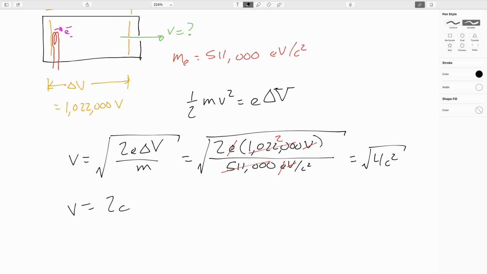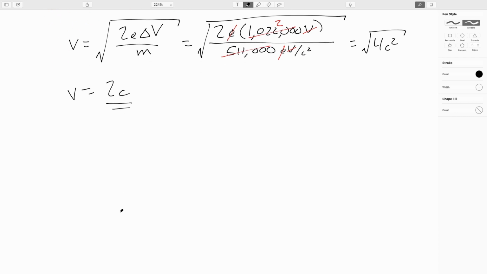This is a problem. There's absolutely nothing wrong with the calculation. The calculation is absolutely correct. However, this doesn't actually happen.